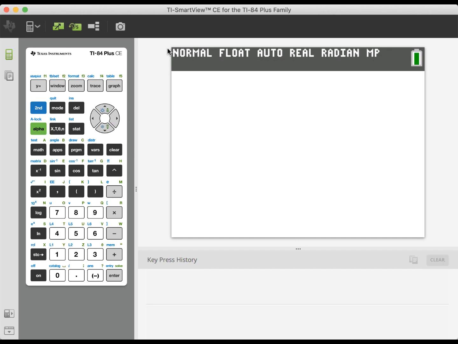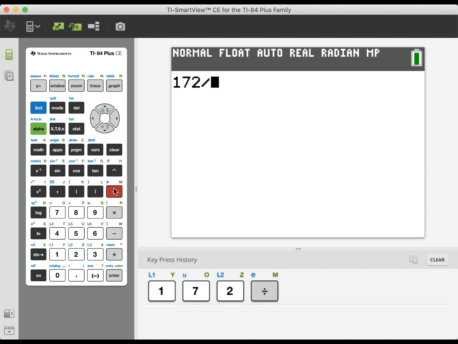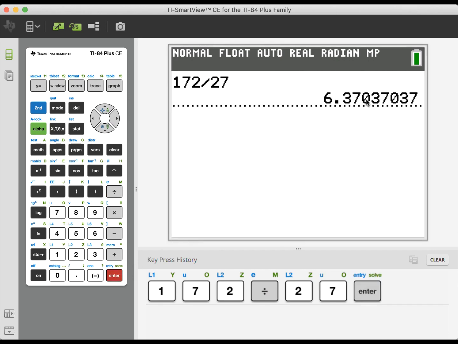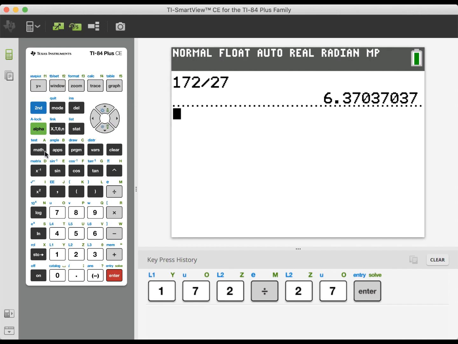Okay, so how do we do this? We want to do 172 over 27. So 172 divided by 27. Click enter. And notice it gives me the decimal equivalent. So let's go over here on the left-hand side on the calculator. It says math.